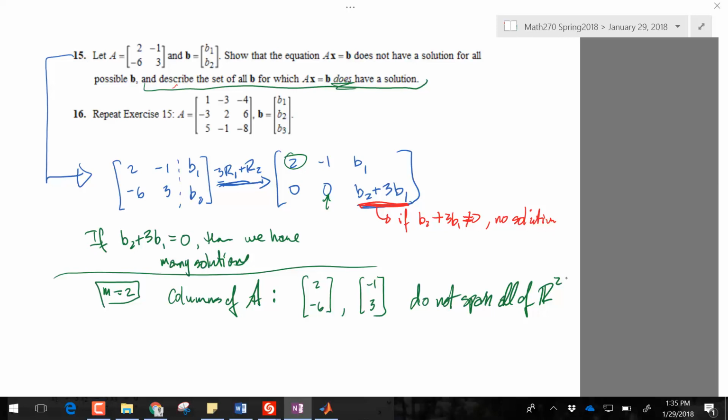So that means we can find a vector in R2 that's not a linear combination of these things, right? And we can find that by just randomly choosing B1 and B2 so that this expression B2 plus 3B1 does not equal 0. Are they the same vector?